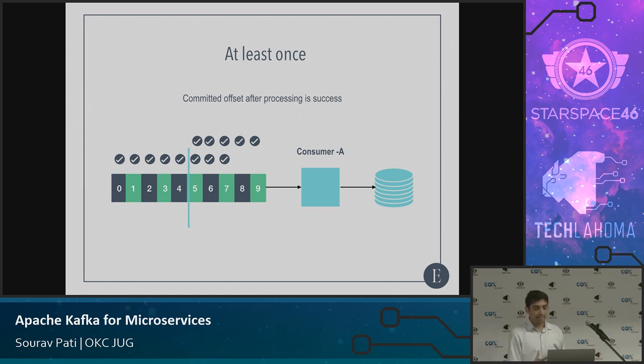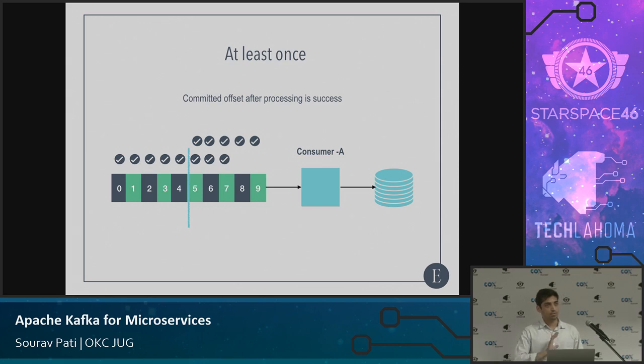Now, in order to handle this, you can manage it by making your consumer and Kafka work together, making your consumer something called idempotent. So you can have your ID. If you're storing the data in Elasticsearch, you might be creating some UUID, so every time a new message comes, it generates a new ID and stores in Elasticsearch.